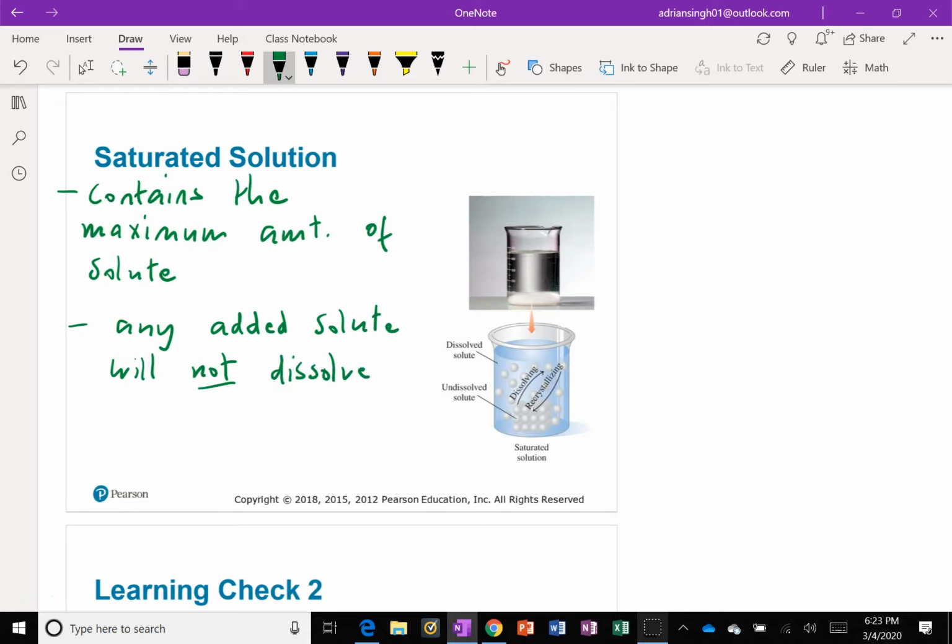So if you have a salt water solution and you've reached the solubility limit on it, if you added any more salt to it and you stirred it up, the salt's not going to dissolve, it's going to go to the bottom. Right? Similarly, if you have your saturated sponge and you added more water to it, it's just going to go right through, or it's just going to fall off. It may go in, but it'll force other water out of it. Right?